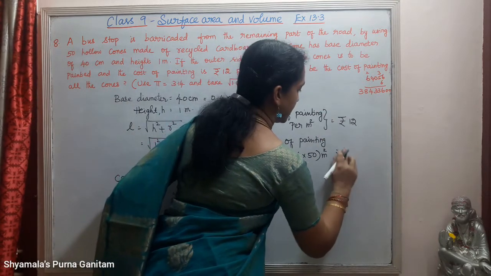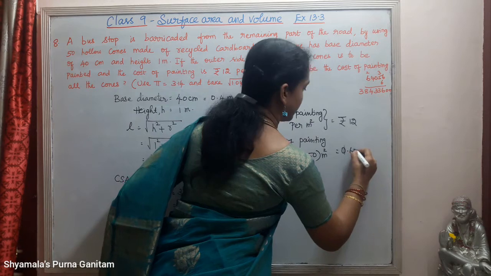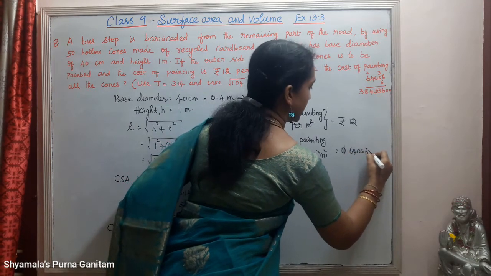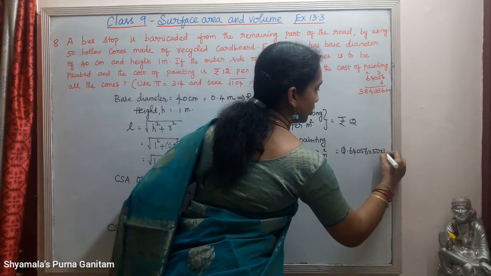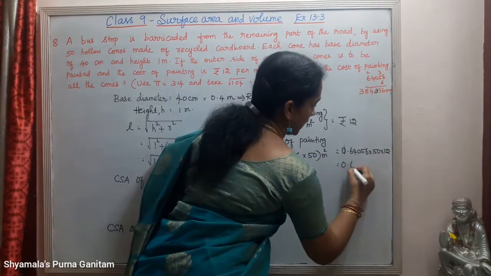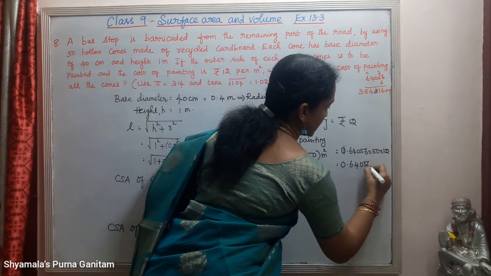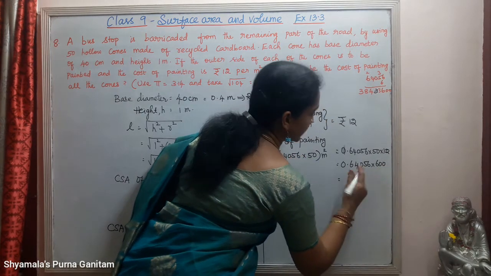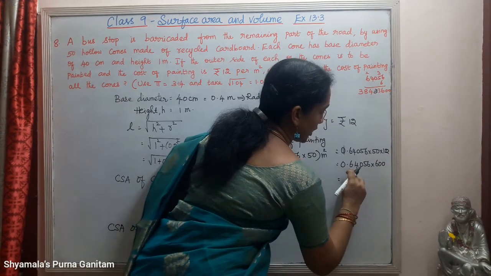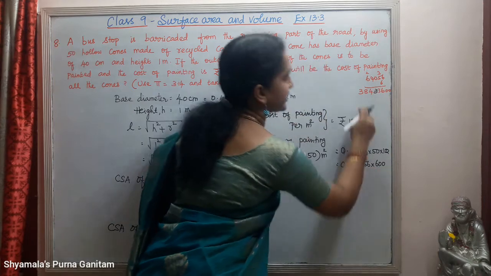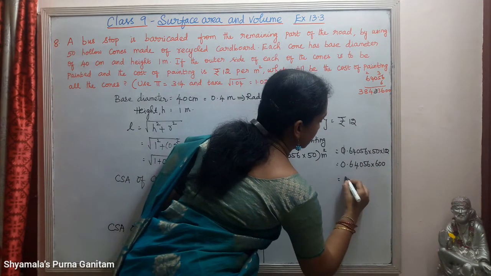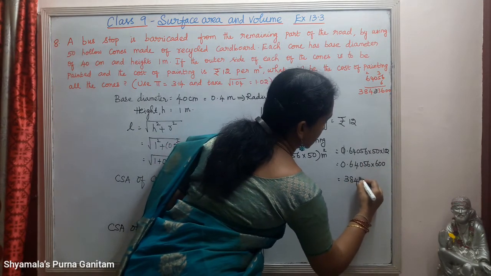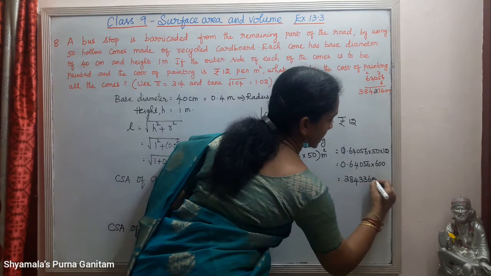So 0.64056 into 50 into 12. 0.64056 into 12, 5s are 60. So we will get 600 here. So this is equal to 0.64056 into 600. We will get 384336.00.